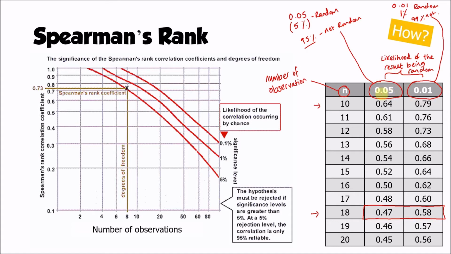Now, a couple of things you'll notice as well. The 0.05 value is always lower than the 0.01. So all of these numbers in this right-hand column are higher than the ones in the corresponding left-hand column. That's because in order to be more confident, you'd need a higher result. So that again links to that idea about that person doing the high jump.